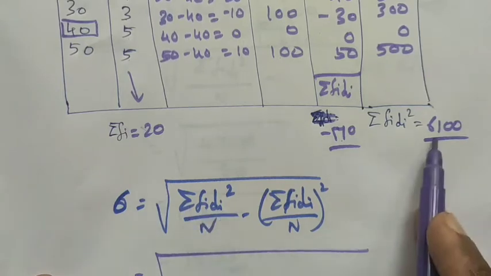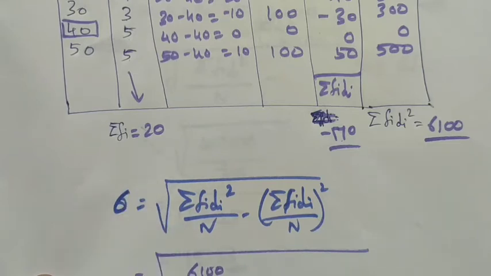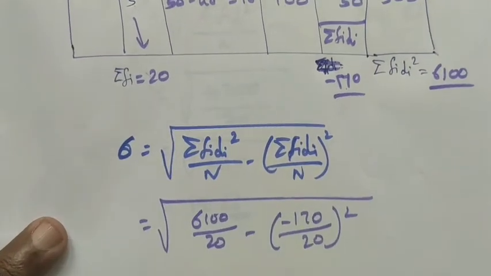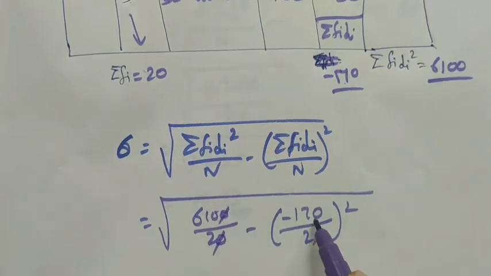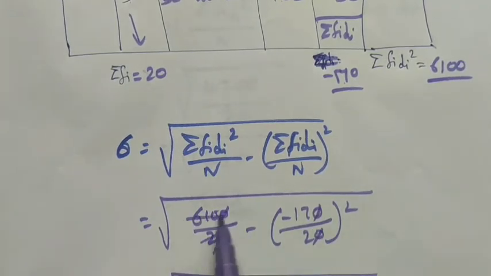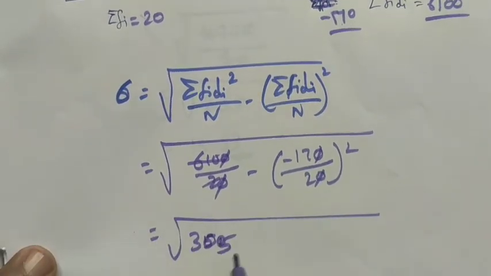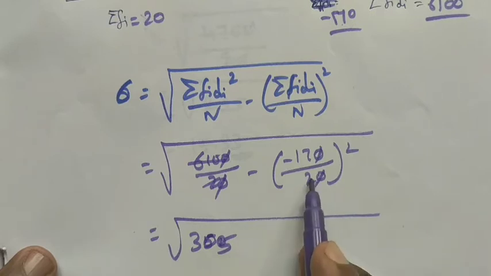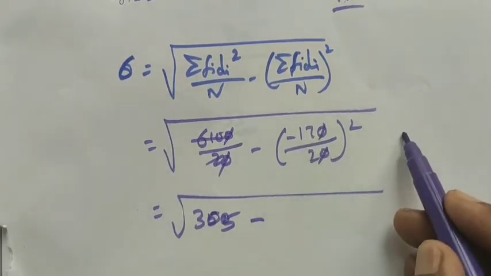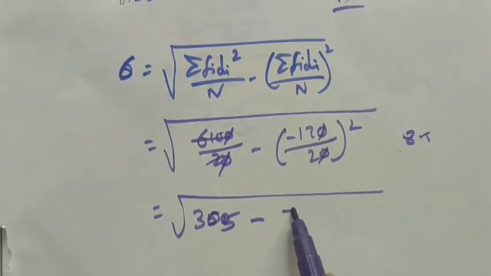Summation fi di square is 6100, divided by 20, minus (summation fi di divided by n) whole square, which is minus 170 divided by 20 whole square. When you reduce, 6100 divided by 20 gives 305. Reducing minus 170 divided by 20 we get 8.5. 8.5 into 8.5 is 72.25.